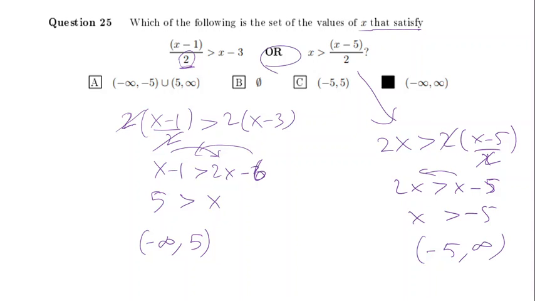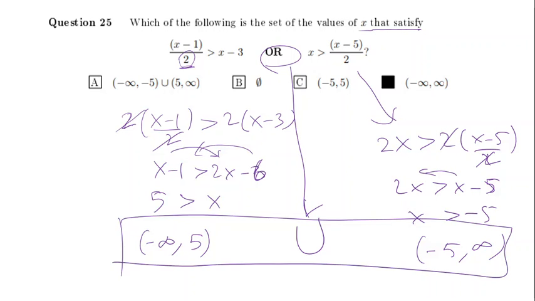And it will be minus 5 to infinity. Now you take the union of these two sets. If you cannot see it, you can do it this way. First make this one minus infinity up to 5, so 5 is not included. And do this one here.